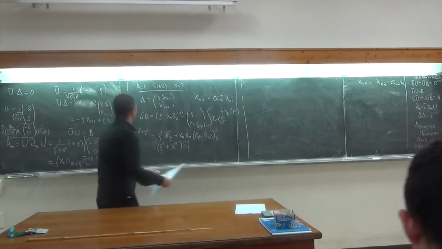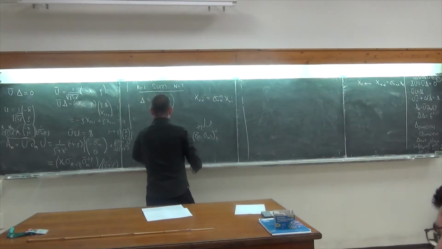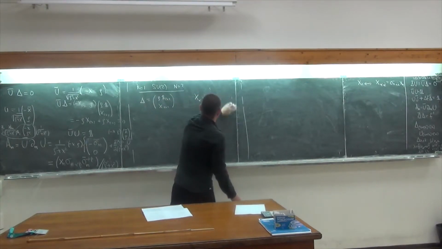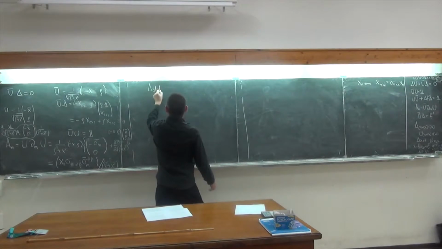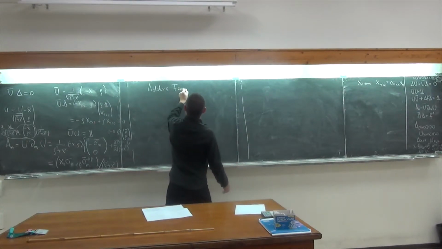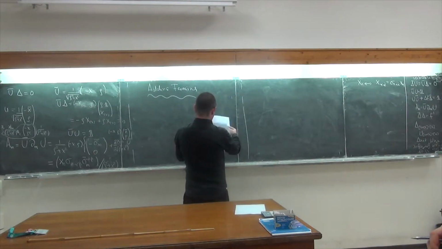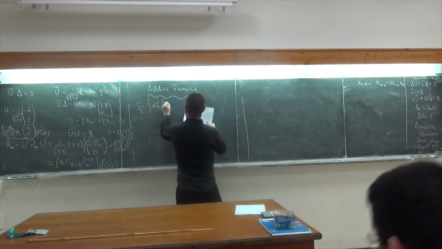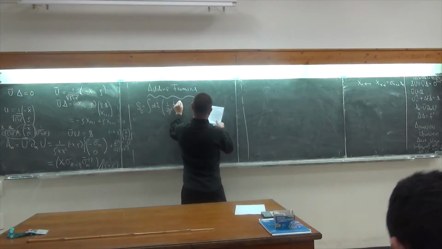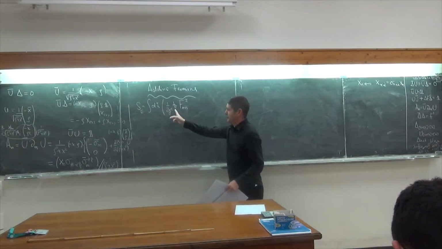Okay, now let's include fermions. What is the Lagrangian of a gauge theory with fermions? Remember, I always say 1/2 and put a trace.